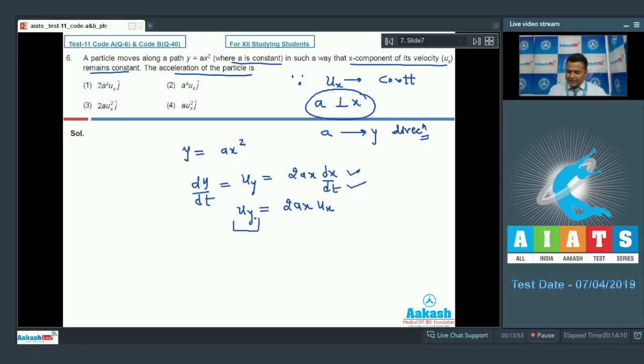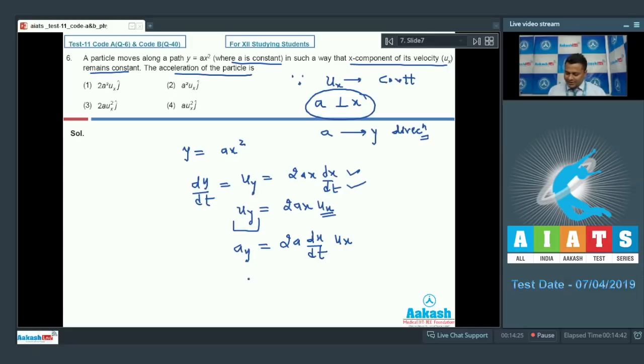Now differentiating uy gets us acceleration toward y direction. So therefore ay will be 2a. x will be written as dx by dt because we are differentiating with respect to t. ux is constant, so it will be written as it is.